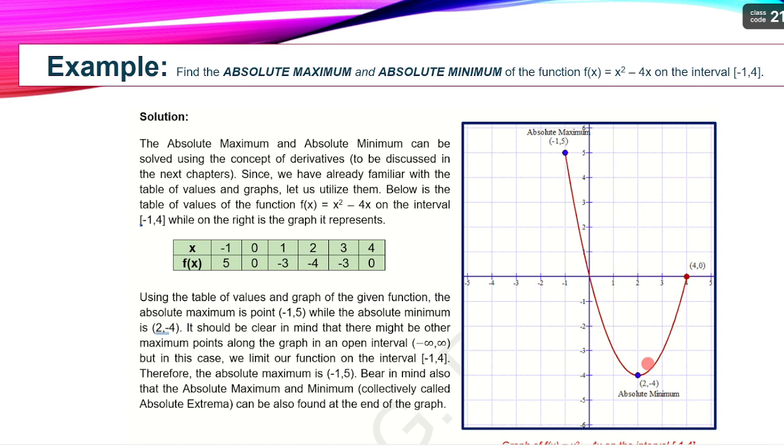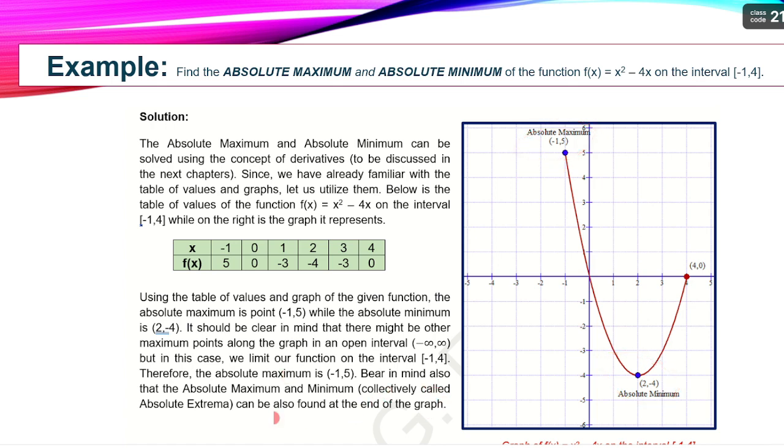But since we only consider negative 1 and 4, we see that this is already the maximum value, and this is the minimum value from negative 1 to 4 x's. Then we can say that they are the absolute minimum and absolute maximum.